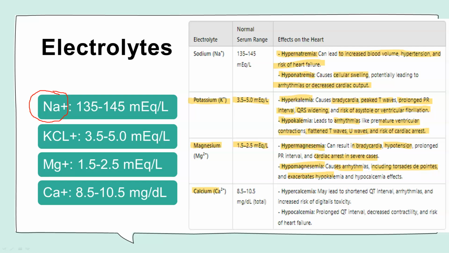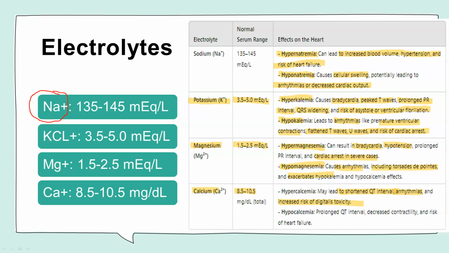For the calcium, we see that number is 8.5 to 10.5. Again, it depends on which book that you look at. With hypercalcemia, you can have a shortened QT interval. Again, you see arrhythmias and an increased risk of digitoxicity. Calcium is something that helps protect the heart.